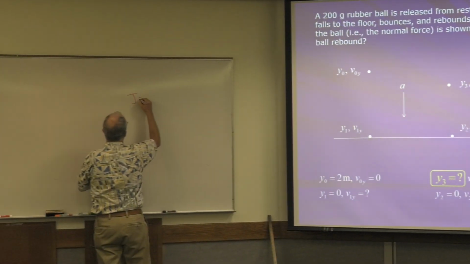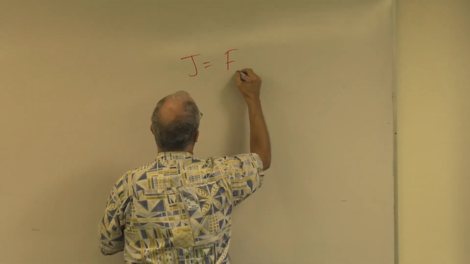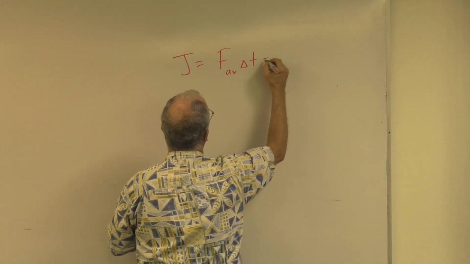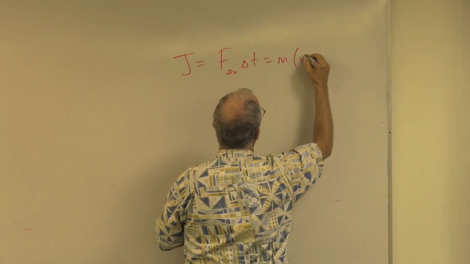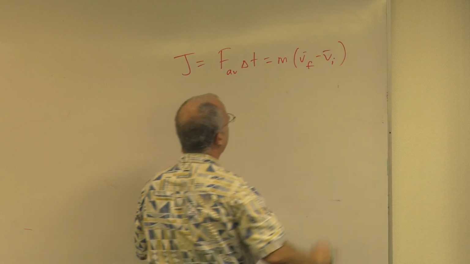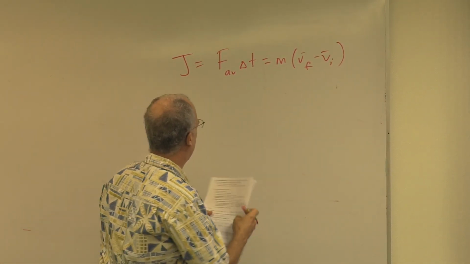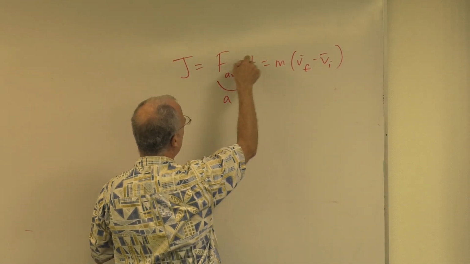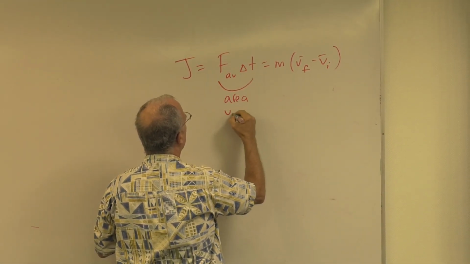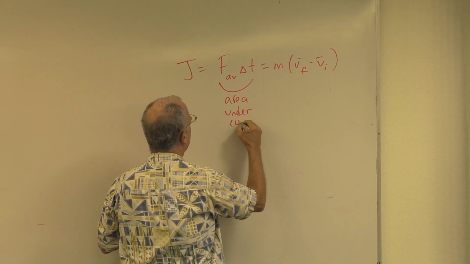The impulse equals F average delta t, which equals m times v final minus v initial. Okay. Now, we got to think about this, right? Again, this is area under the curve. All right, this is true, but we can also use area under the curve.